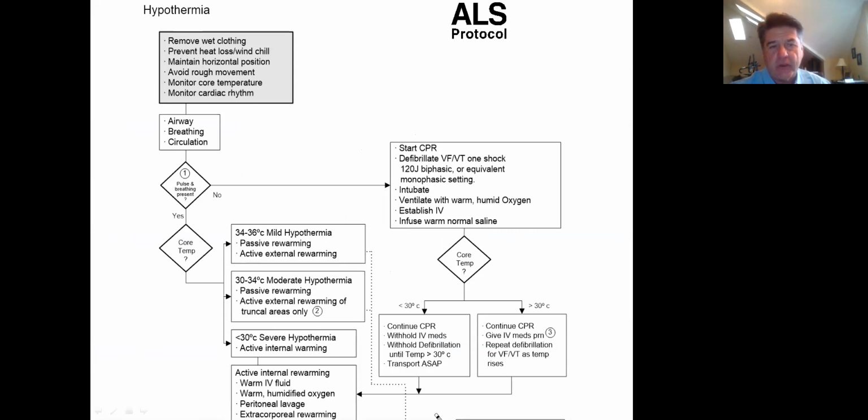You new students are probably the ones who have to get the core temperature. That's the way it goes. Your ABCs, and if your ABCs aren't going, you start your defibrillation process. You'll see in our protocol it says 1 shock. And then it talks about mild, moderate, and severe, as we did.